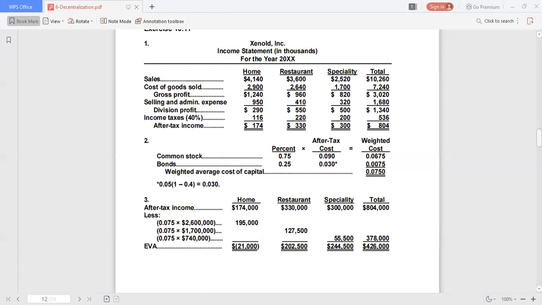So 25% coming from bonds and 75% coming from the common stock. So we now multiply this by the after-tax cost.